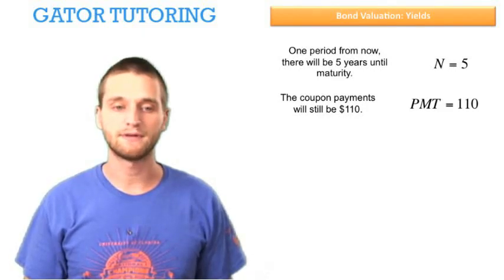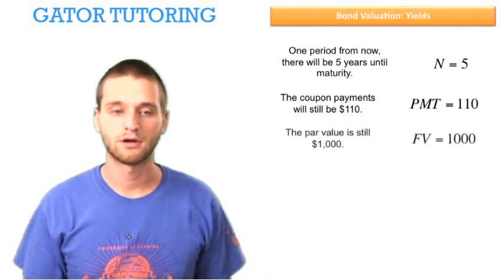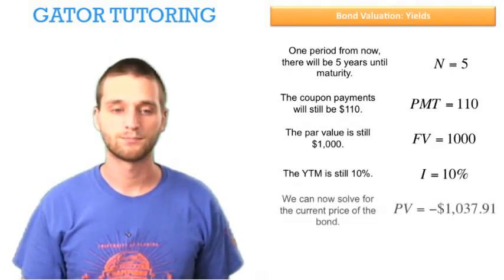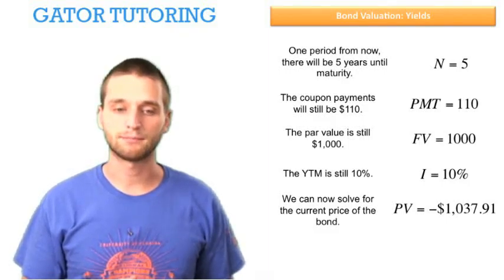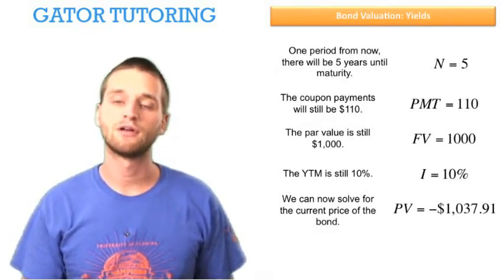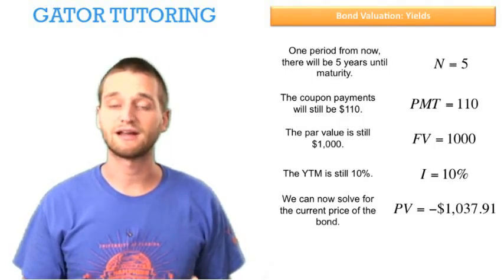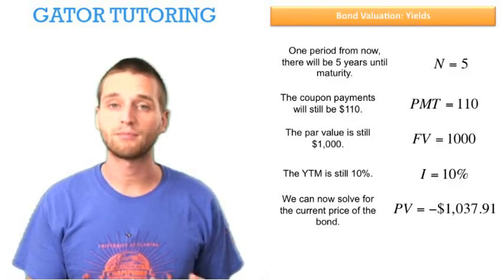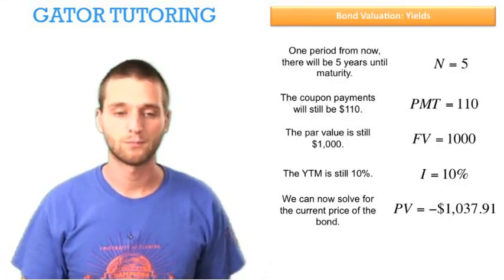The coupon payments will still be $110, the par value is still $1,000, and the yield to maturity is still 10%. We can now solve for the current price of the bond. It's going to be negative $1,037.91, and that's negative again because that's what we're willing to pay a year from now. So that's the price of the bond 1 year from now.